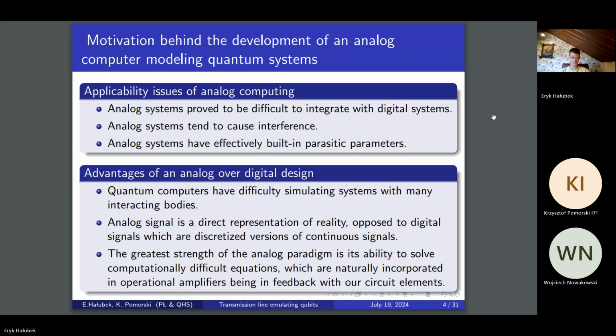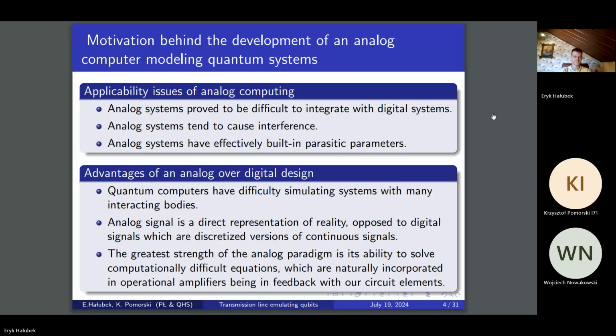Analog signal can be used to do that because it's a direct representation of reality. It's continuous, and it doesn't have to be processed to a digital discretized version, which saves a lot of energy.